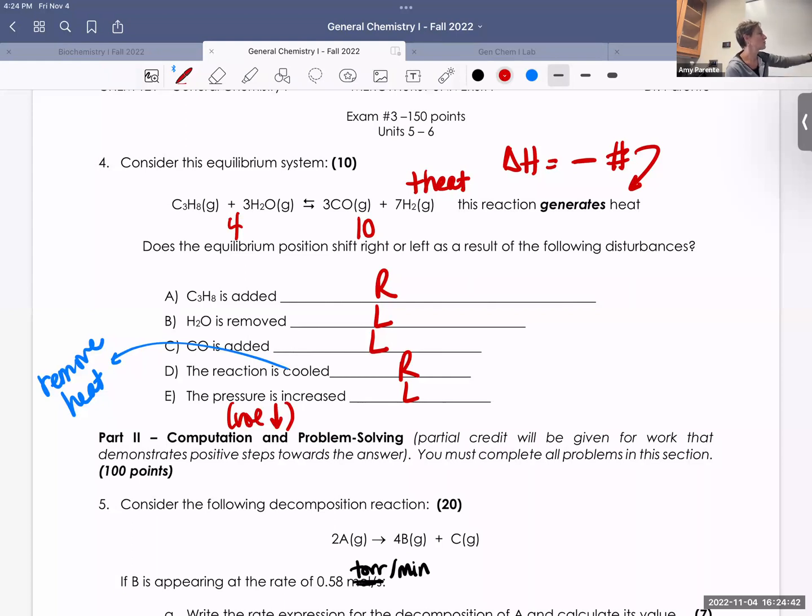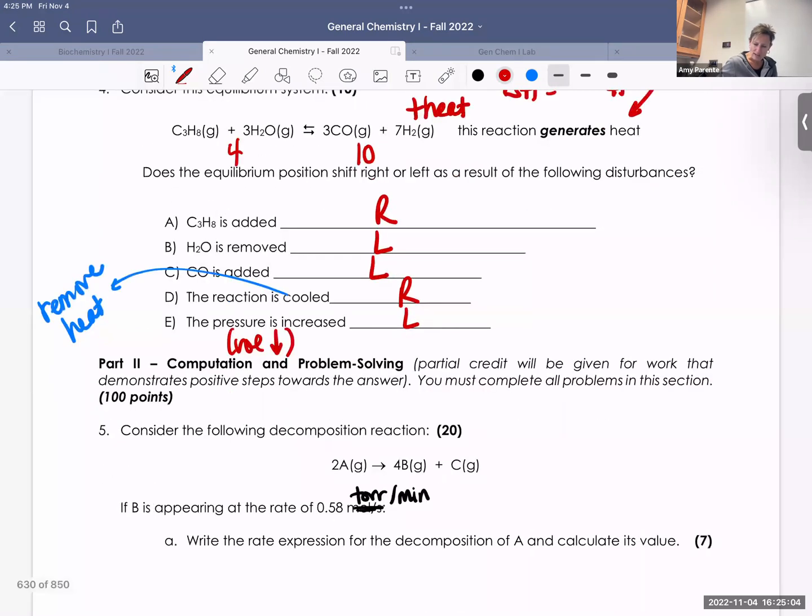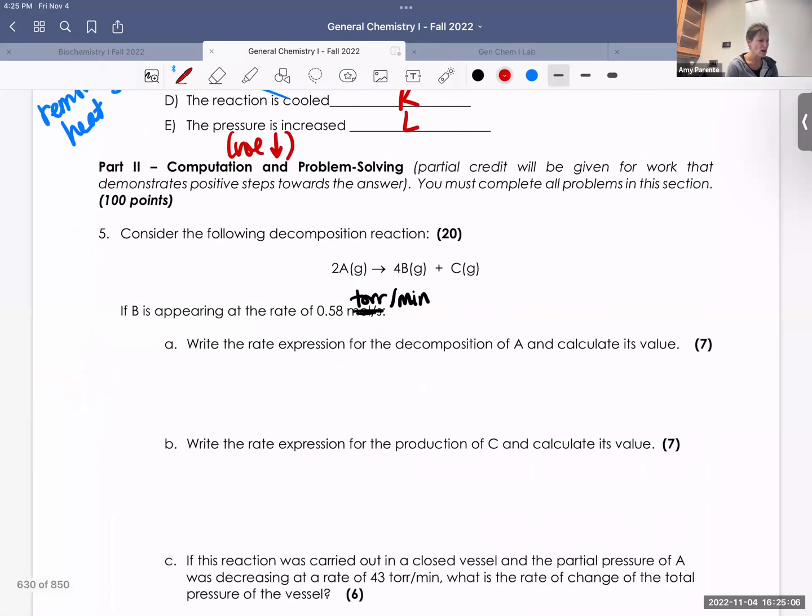And if we're making a smaller space, we need to shift to the side that has fewer molecules. And it's only gases; we have to make sure we look at gases. Phases are really important when we consider equilibria, because when you're writing equilibrium expressions, we don't include pure liquids or solids. Okay.